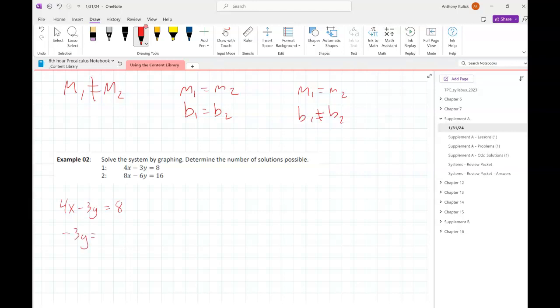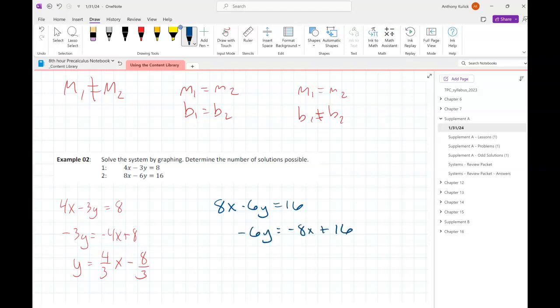Minus 4x, and then divide by -3. Everybody okay there? Okay. And then we'll do the same thing for the second one. So we'll subtract the 8x and then divide by -6. So negative divided by negative is positive, and positive divided by negative is negative.